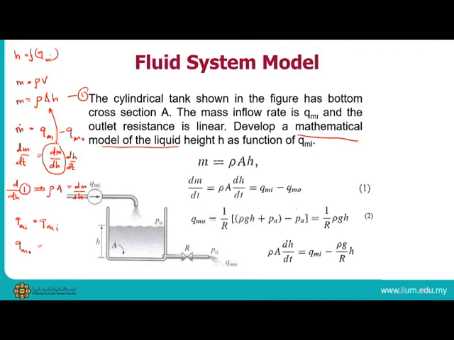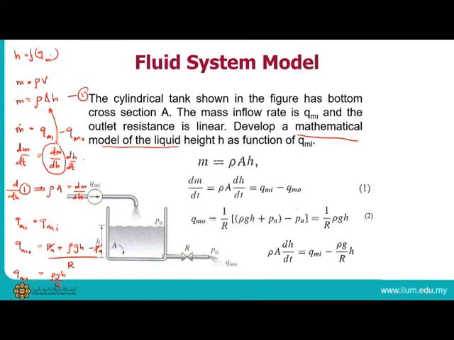Basically equal to Pa plus rho g h, minus the pressure here, which is another atmospheric pressure, over the resistance R. So this is basically Qmo. You can cancel the atmospheric pressures out, and you get Qmo equal to rho g h over R.